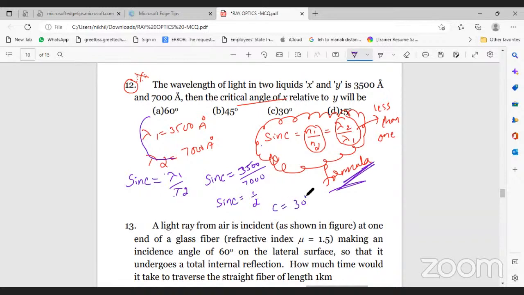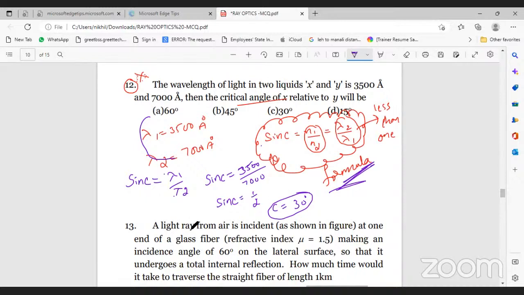So what is the critical angle then? Sir, 30 degrees. Sin 30 will be 1 by 2. So it should be equal to 30 degrees. So remember, Option C.